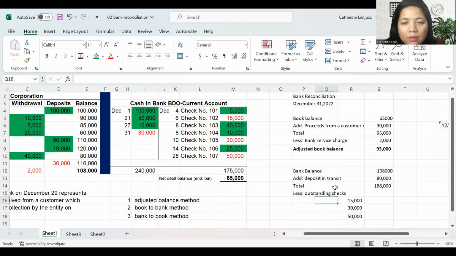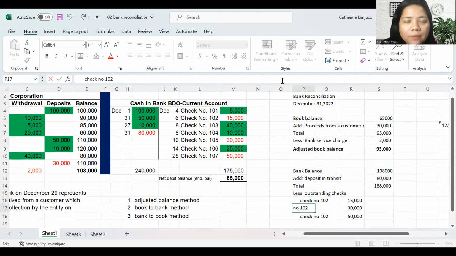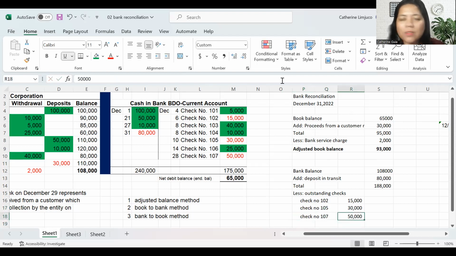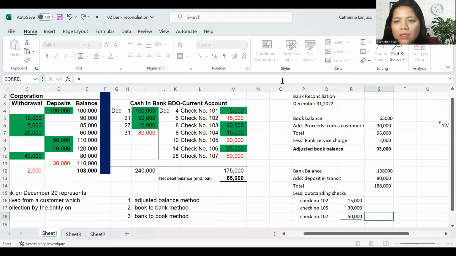Let me type the check numbers: 102, 105, and 107.